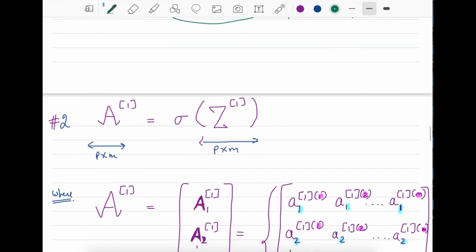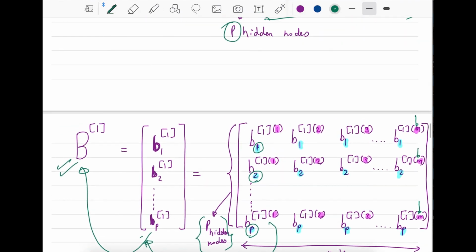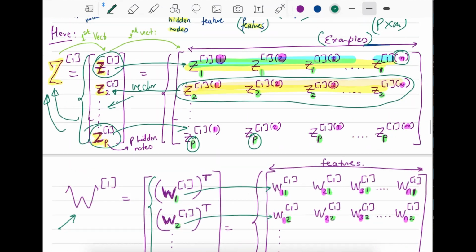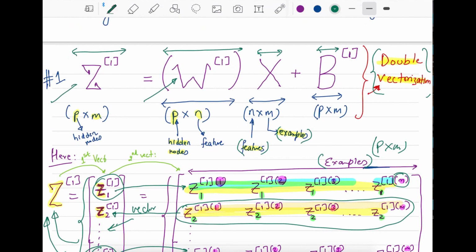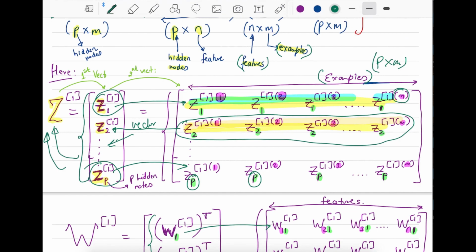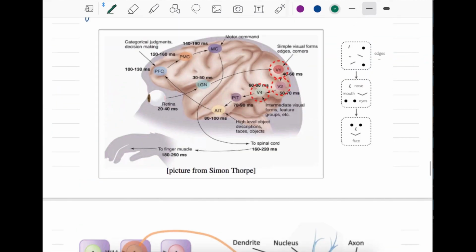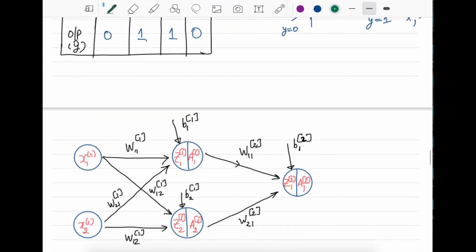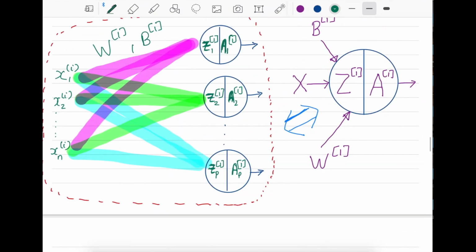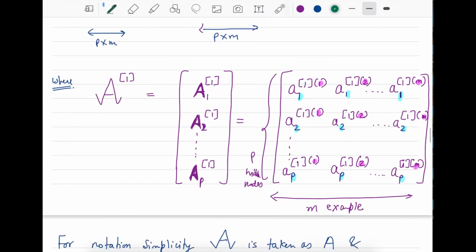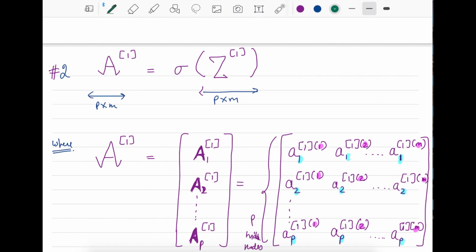Okay, so the first equation is this one, as we have discussed. The second equation for this is this one.